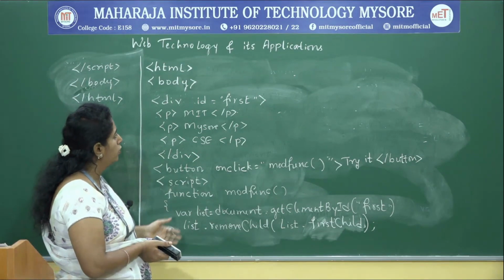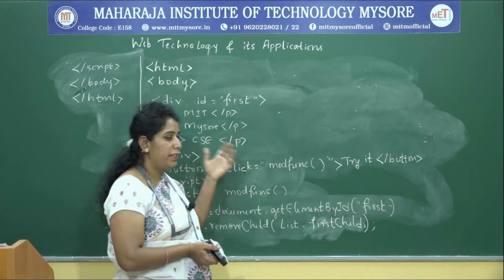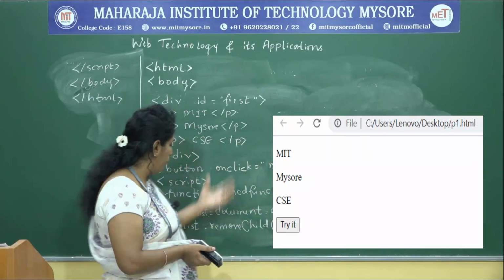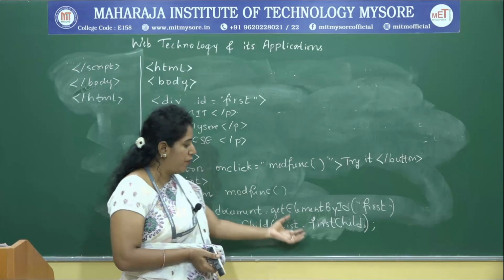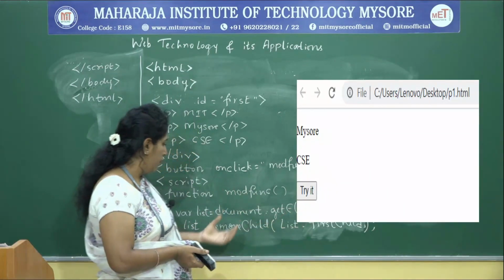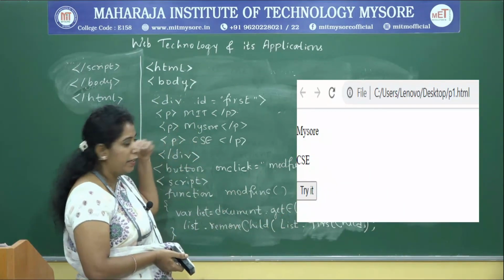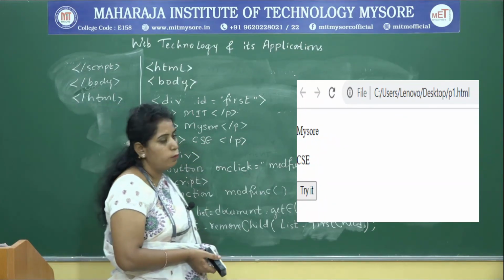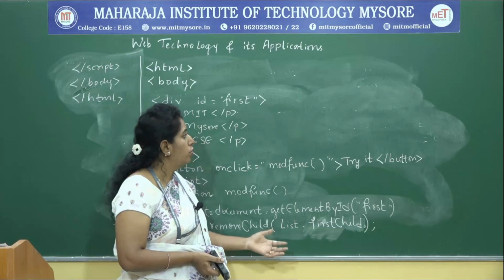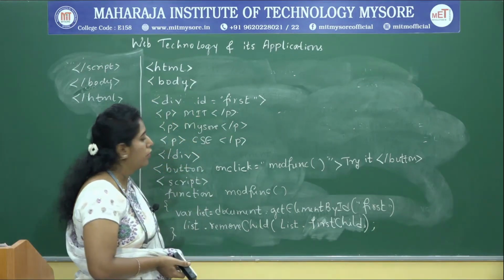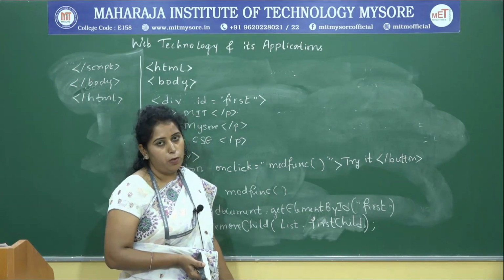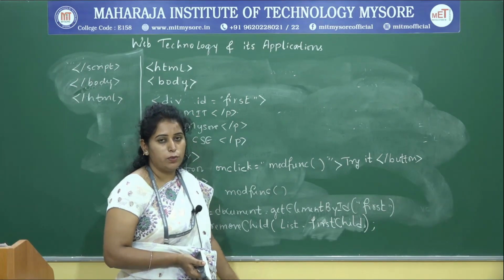So, once you run, you can notice the output is MIT, Mysore and CSE. Once I click on try it, I am going to delete the first child from the list. So, MIT got deleted and Mysore and CSE are visible. So, this is one simple example where you can understand the different properties of the DOM object, that is document object model.